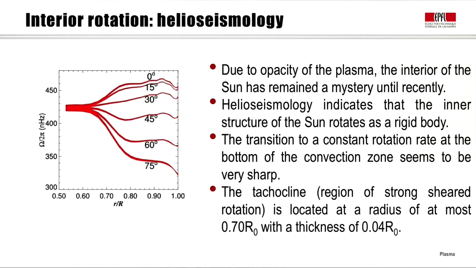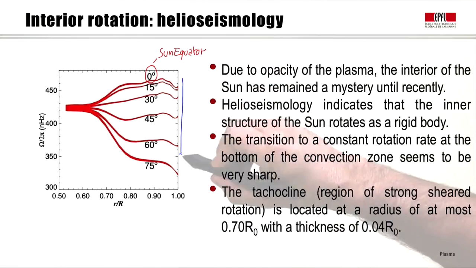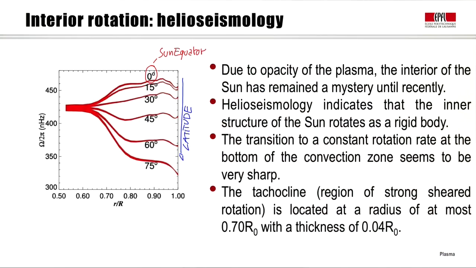The most recent observations from helioseismic data are shown in this figure, which displays the toroidal rotation frequency as a function of the radius for different latitudes. The 0 degree corresponds to the Sun's equator.